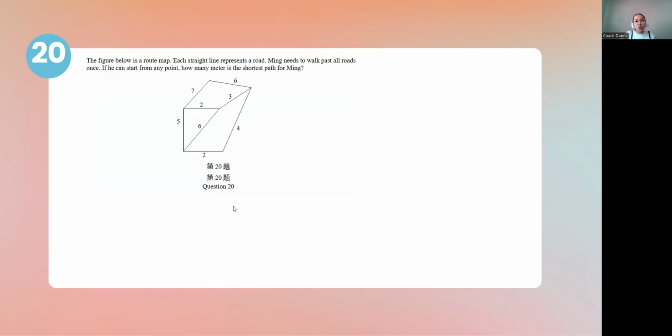All right, so there are 7 roads. So what we can do is actually 7 plus 6, and then plus 2 plus 3 plus 5 plus 6 plus 2 plus 4.